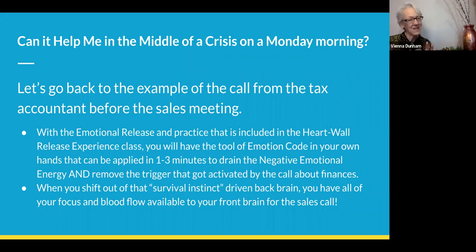So that's one form of a power tool that doesn't just calm me in the moment and pull me from fight or flight back into the focus and flow of the front brain to be able to thrive in the sales meeting. But it also will take it so that that particular trapped emotion won't be back.